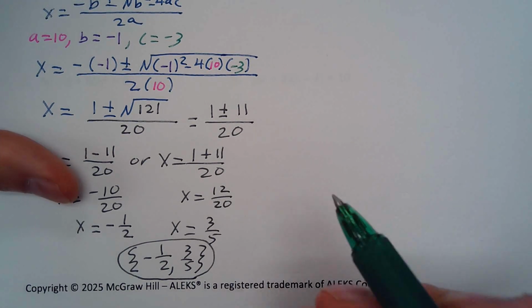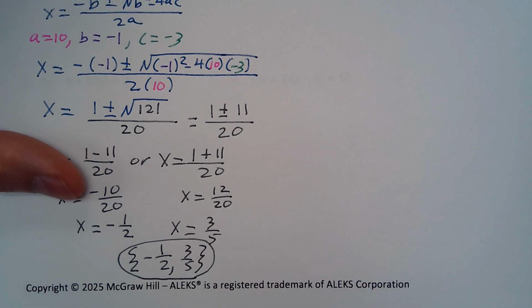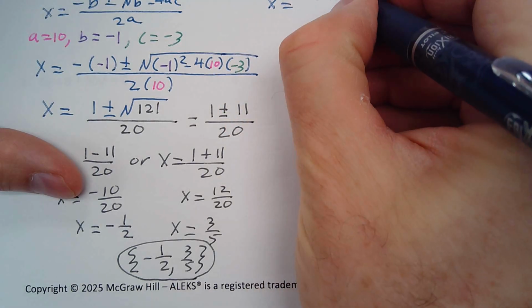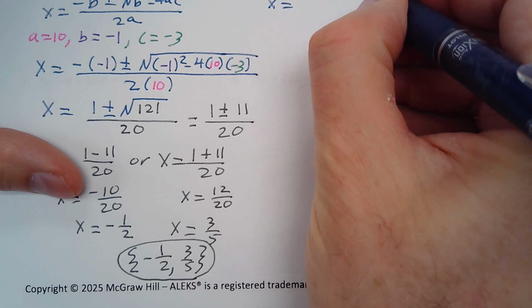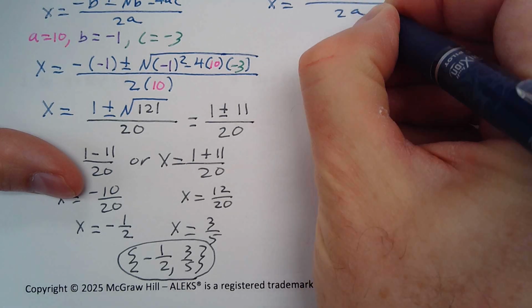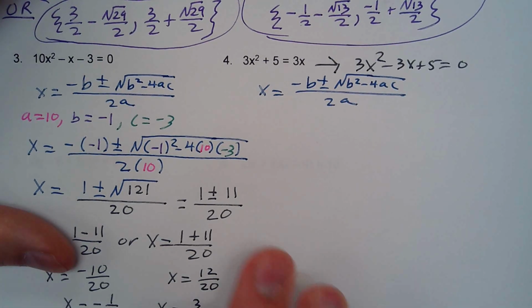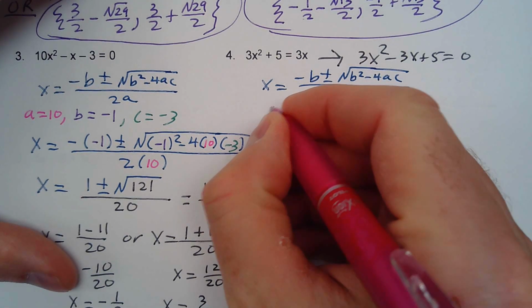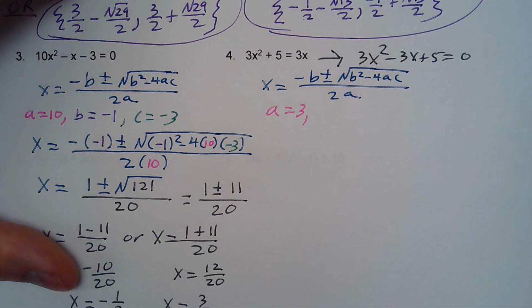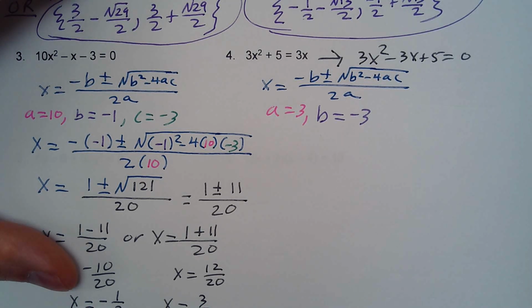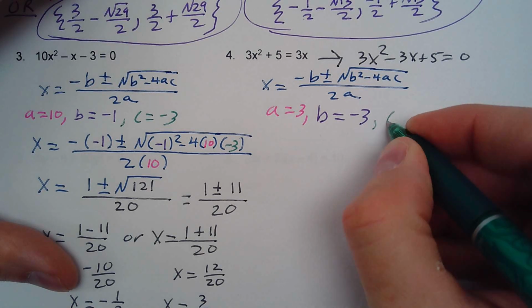All right, so we're playing with our quadratic formula, so let me write that down. So I'm just recopying the quadratic formula just so we have it. So in my problem, A here is 3. B is negative 3. C is positive 5.